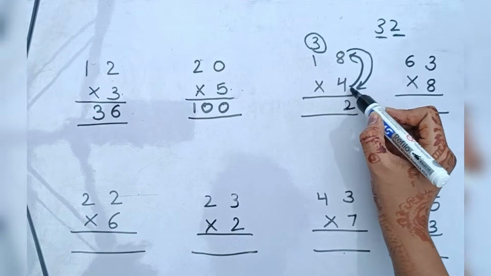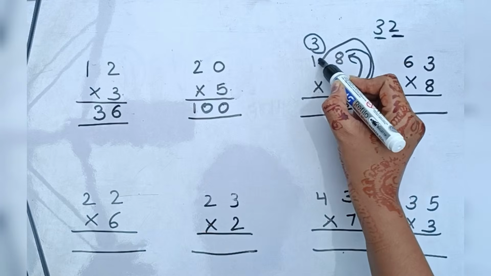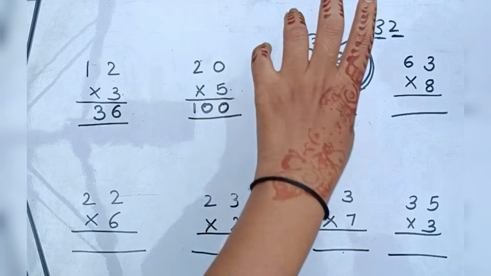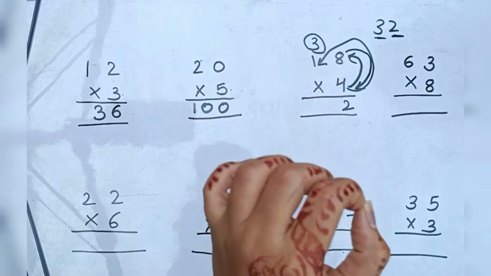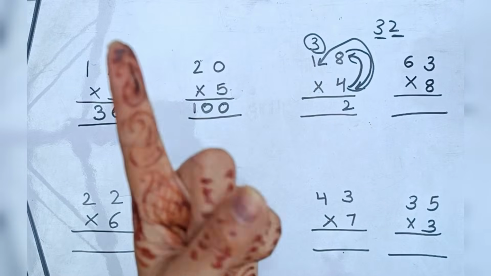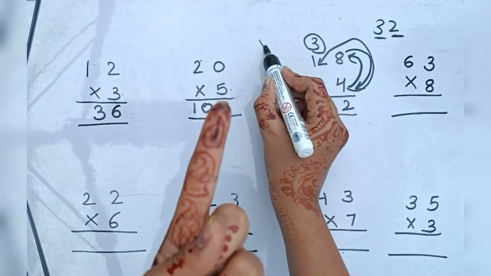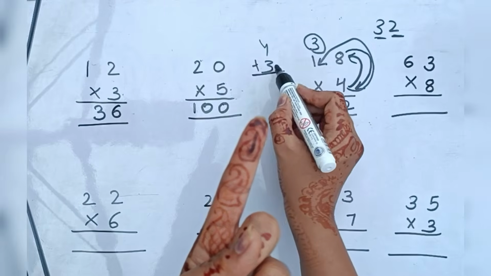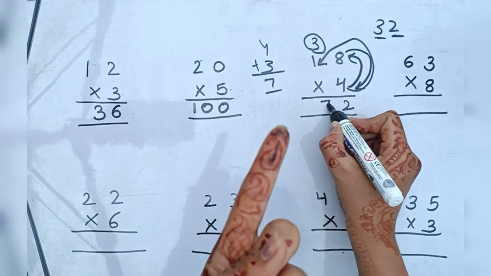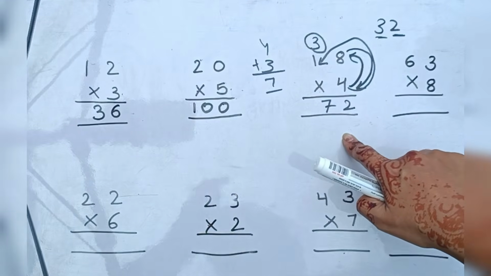Now 4 1s are, because 3 is our carry, we'll multiply only 4 1s are. 4 1s are 4 and we have to add carry. 4 plus 3 is 7. So our answer is 72.